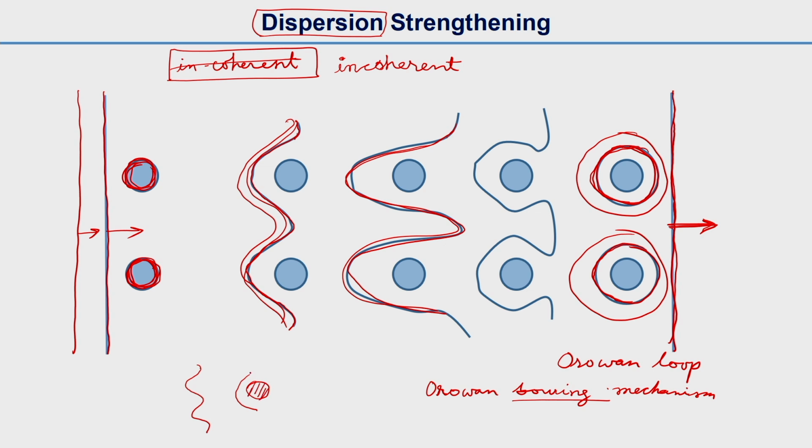When you have a particle and the dislocation line takes a shape like this, that is what we call bowing, not exactly this type of bow shape. Even this is also a bow. Both these shapes are bow shapes, but don't think that two arcs are needed for a bow. A single arc is also enough to call it a bowing mechanism.